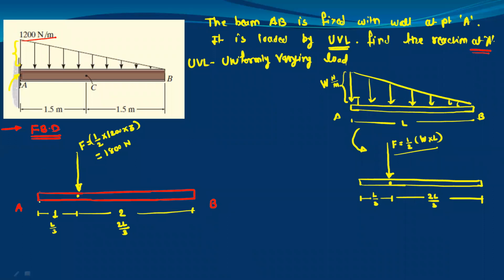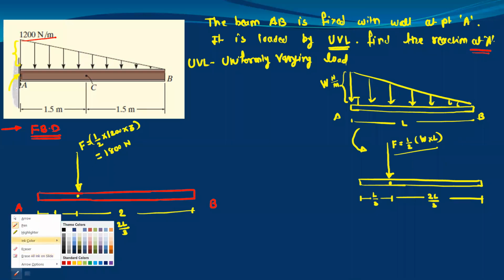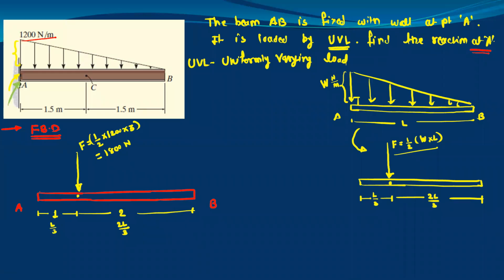Now next, we have to show the reactions at the fixed support. At this point, we will have 3 reactions. This is the vertical reaction, VA. This is the horizontal reaction, HA. And there is one moment, that is MA. Even you can draw the reactions like this.